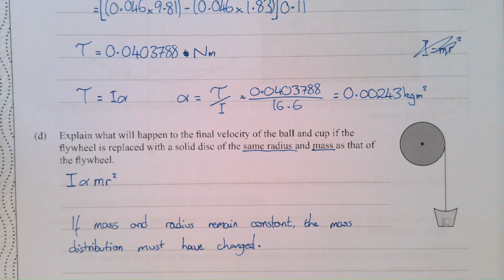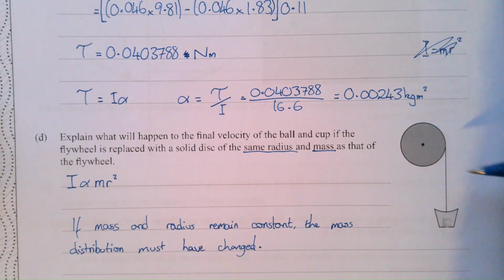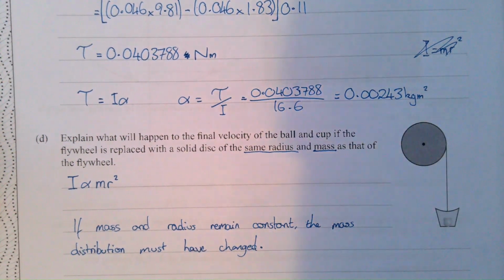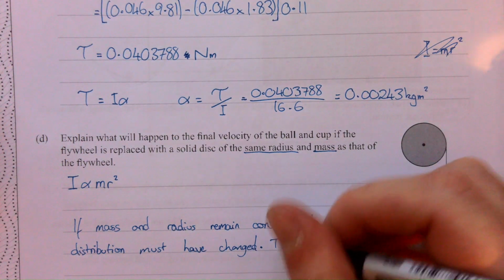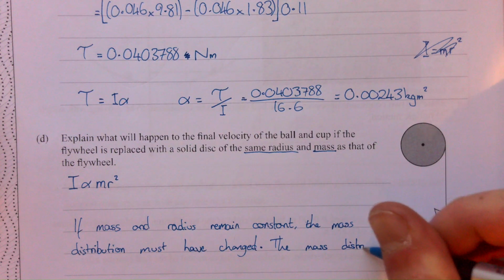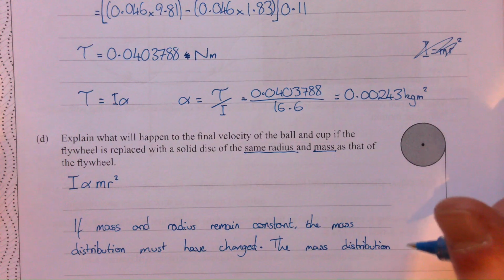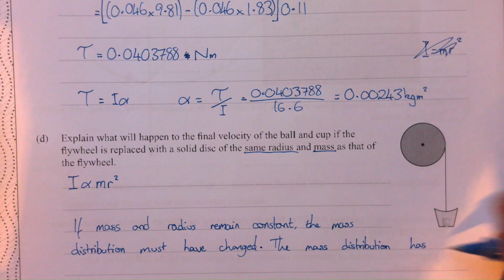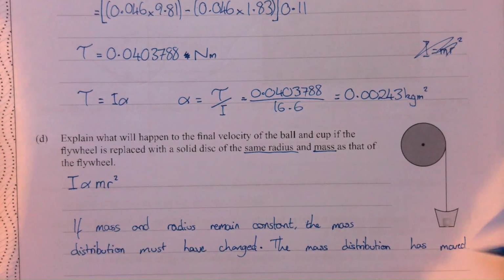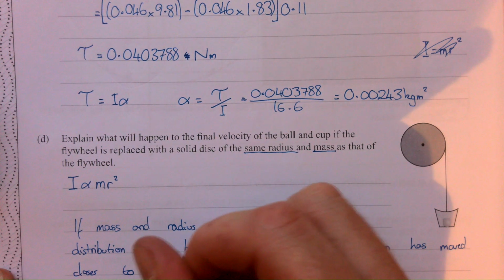Therefore, the mass is being pulled inwards from that outer rim to be more compact. The mass distribution has moved closer to the centre of rotation.